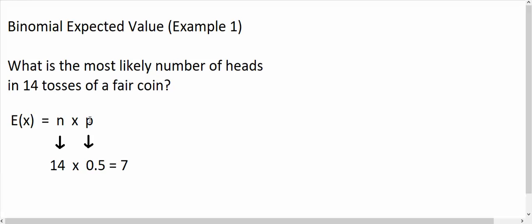In this case, if it says what's the most likely number of heads, then you already know that heads is what we consider to be a success in this problem. When you hear the word success in this topic, it's not a success like a good or positive thing happening. Success really just means a specific outcome out of two possible outcomes.